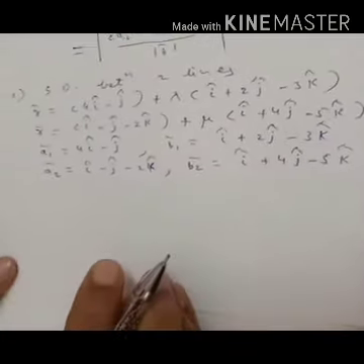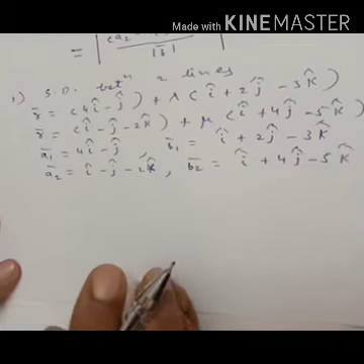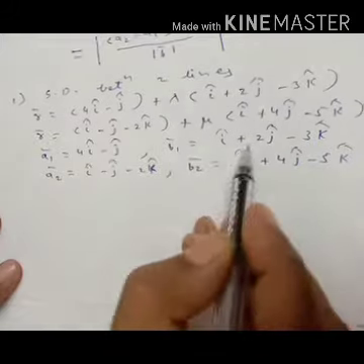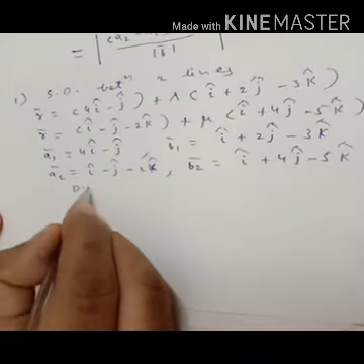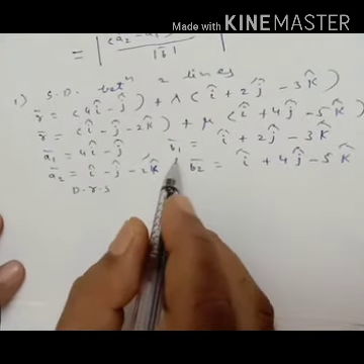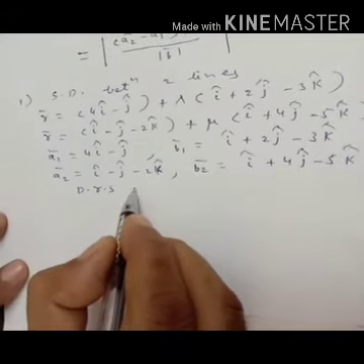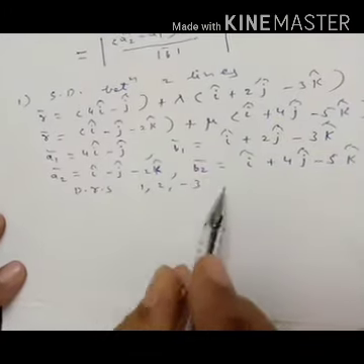Now here we can observe that these two lines are not parallel. The first line is parallel to b1 bar. Then the direction ratios of the first line, or b1 bar, are the coefficients of i, j, k: 1, 2, minus 3.